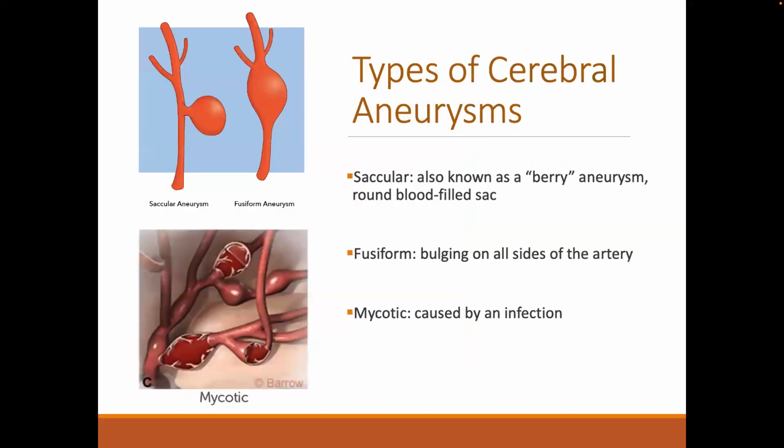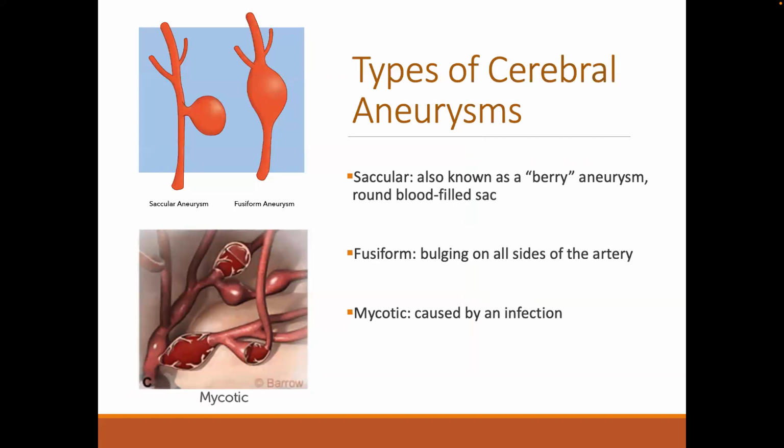Okay, so there's different types of cerebral aneurysms. The first one is saccular, which is also known as a berry aneurysm, and it's round. It's filled with blood. It forms on arteries at the base of the brain usually. And this is the most common type of intracranial aneurysm.